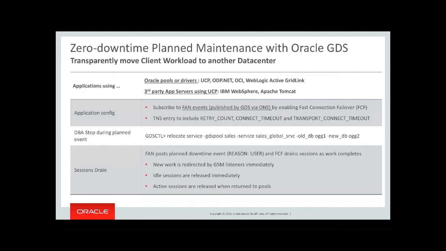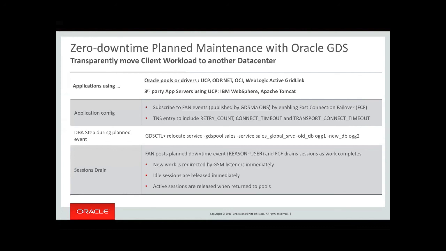I execute one command and then sessions start draining, just like we observed last time. So GDS publishes a FAN notification that it is a planned event. The reason code is user. And then the new work is automatically redirected by the GSM listeners to OGG2. Idle sessions are released from OGG1 automatically.